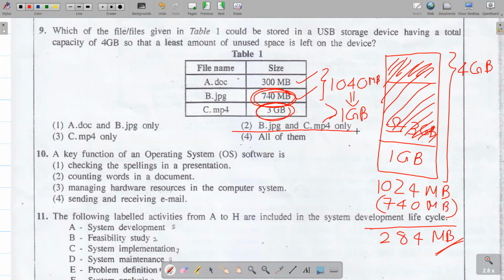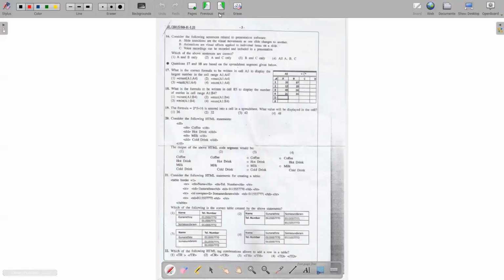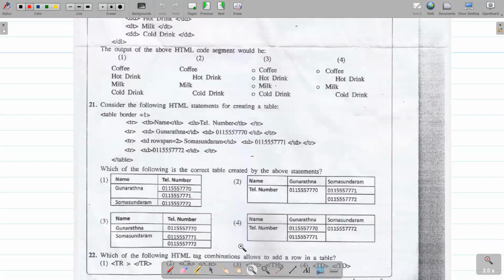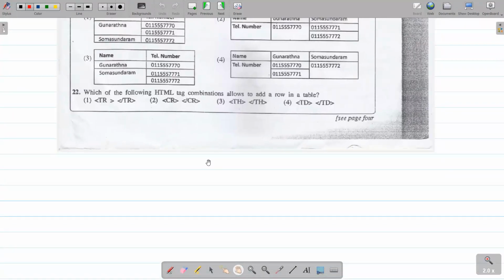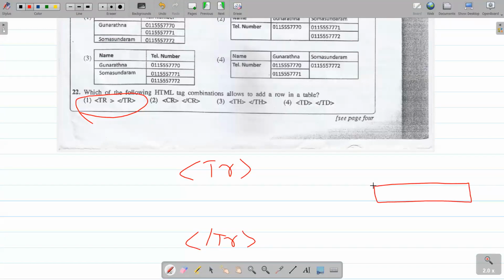Okay, then the 22nd. The question is which of the following HTML tag combinations allows you to add a row in a table? If you want to add a row in a table, it's a simple question. We are going to choose TR. Right? When you say TR, the pair will create a row.